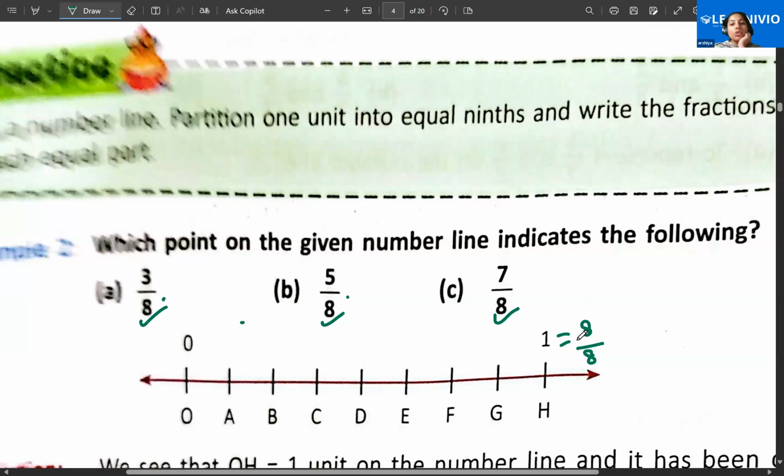So 8 by 8 will be 1. Now if this is 8 by 8, what will this point G be? 8 by 7? And what will F be? 6 by 8.